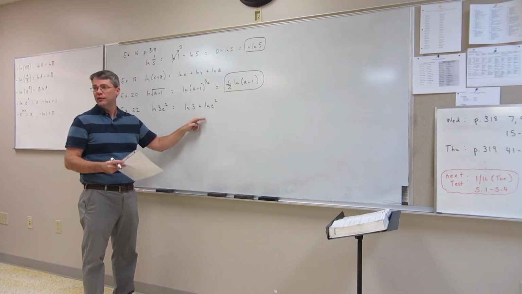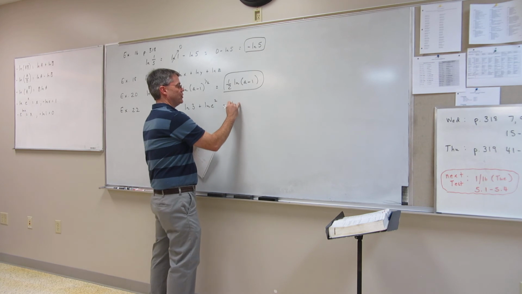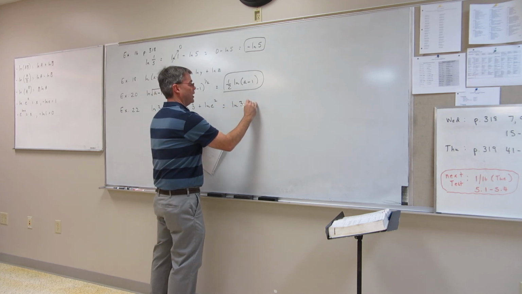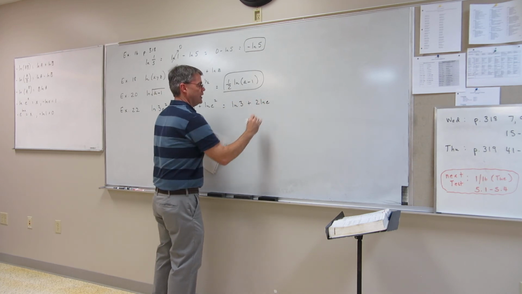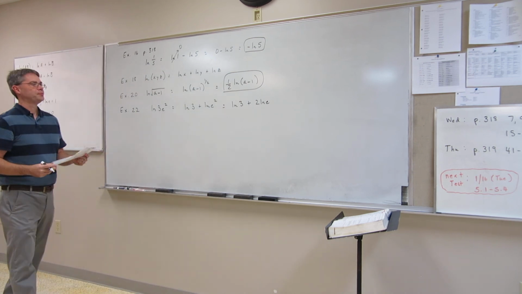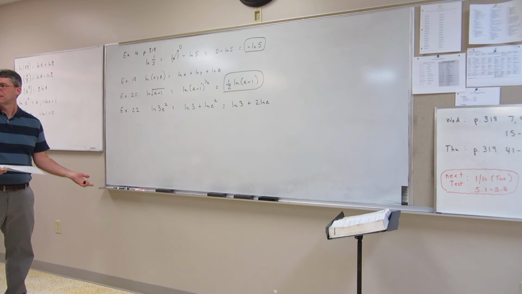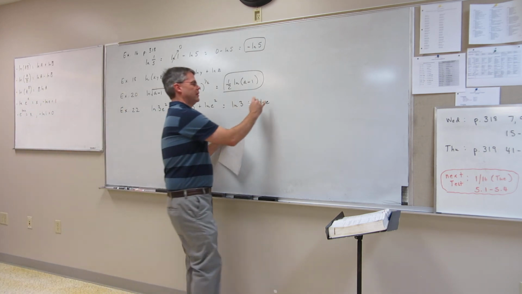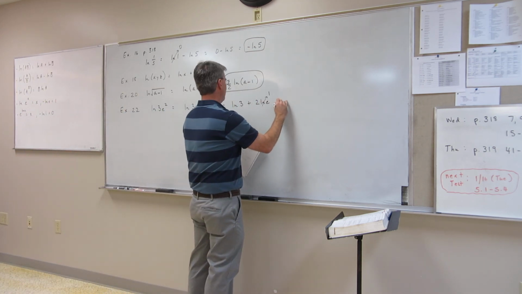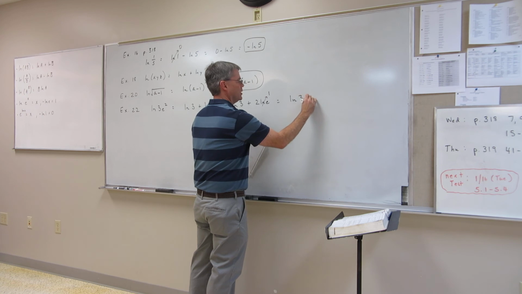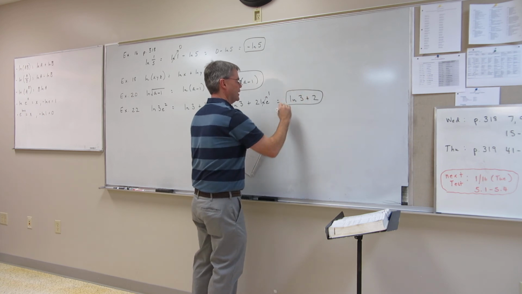I can bring that 2 out front. So this would be the natural log of 3 plus 2 times the natural log of e. What is the natural log of e? 1. This is just 1, so that's going to be the natural log of 3 plus 2. And that's as simple as I can get it.